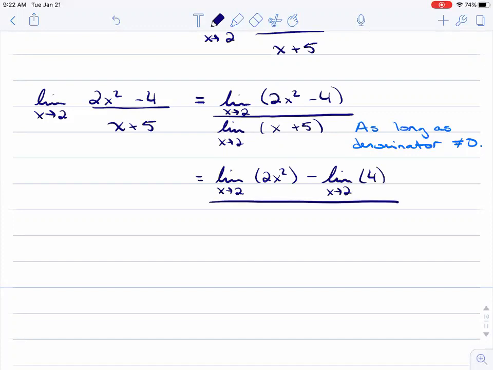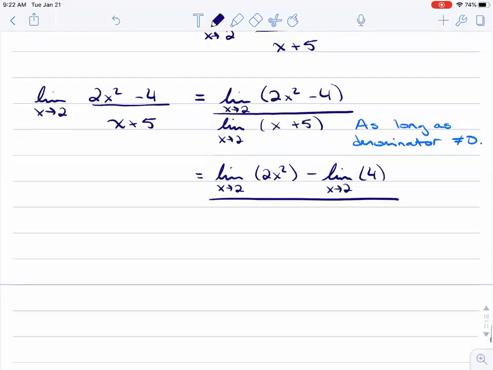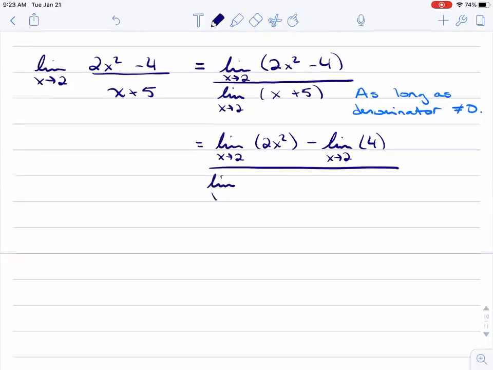Doing the same thing in the denominator, I get the limit as x approaches 2 of x plus the limit as x approaches 2 of 5. The only one that's really going to give us grief, and not really even, is the 2x squared. Otherwise, we know the limit as x approaches 2 of 4, well, 4 has nothing to do with x, so it's just going to stay 4. Same with the 5 in the denominator. And even the limit of x as x approaches 2, well, we know that that's going to be 2.